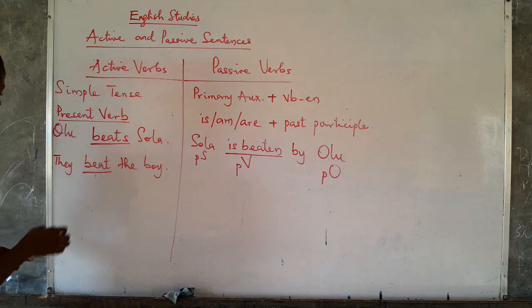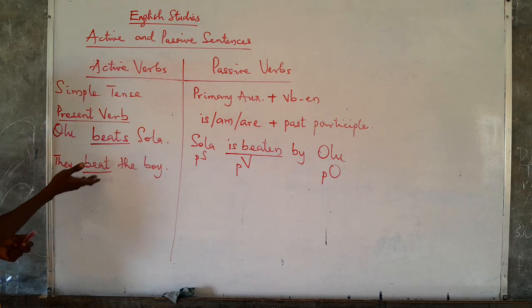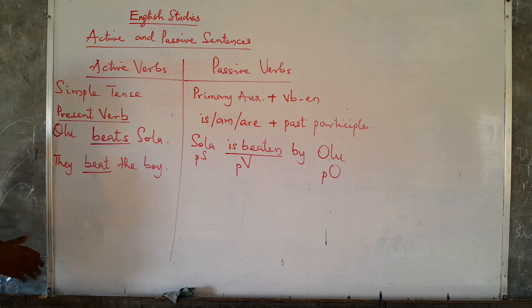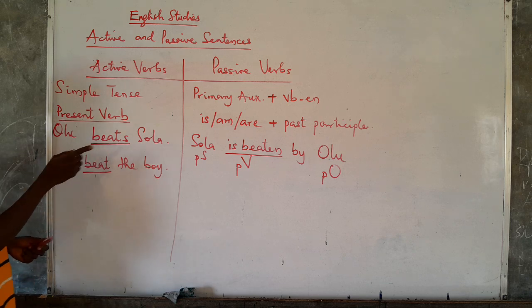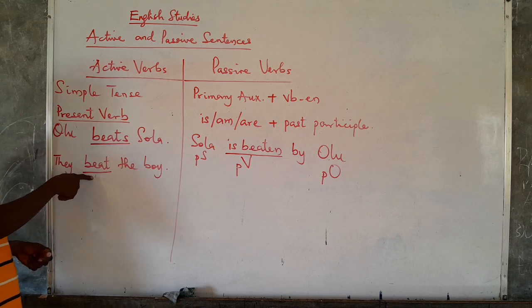This happens to be the present passive sentence. Now, the second one. They beat the boy. The beat here that we have, we may indicate this one as present, and we may call this one a past. If this one is treated as present, how do we convert it? Do not forget, they is a plural. That's why this one will be taken as present.